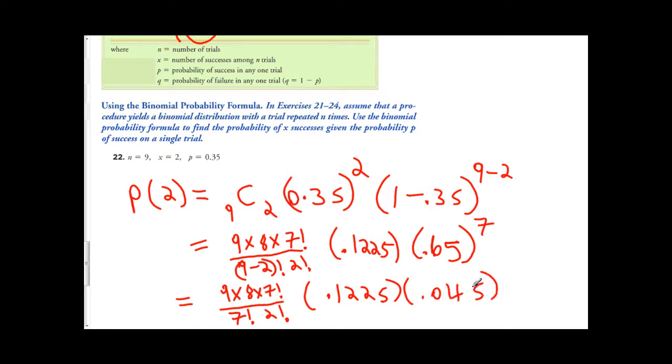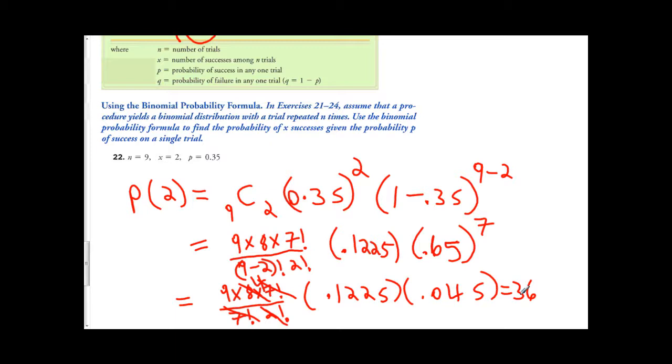This 7 factorial cancels the 7 factorial. And we get 9 times... 2 goes into 2 factorial once, and 2 goes into 8 4 times. So this numerator here is just 9 times 4, which is 36.